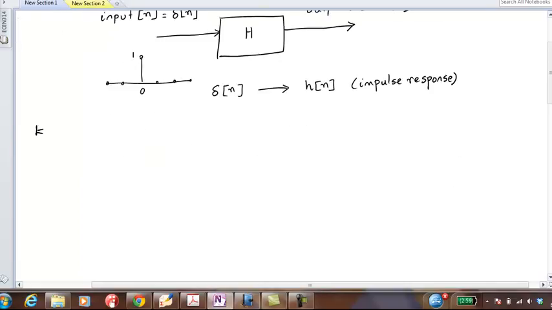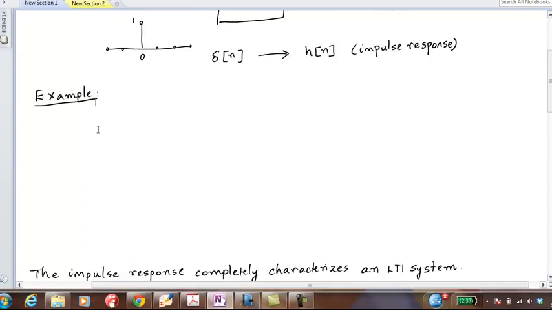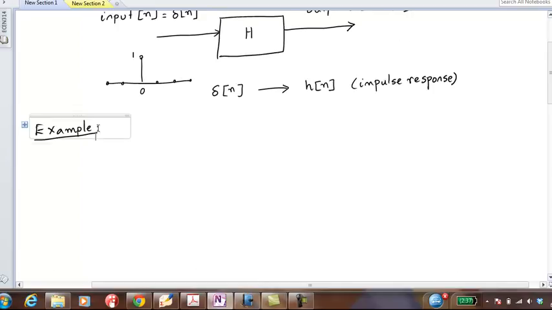So let's take a quick example and then see how we can find the impulse response of a system. Maybe I will give an actual practical example. Suppose we are trying to model a room with some echo as a system.